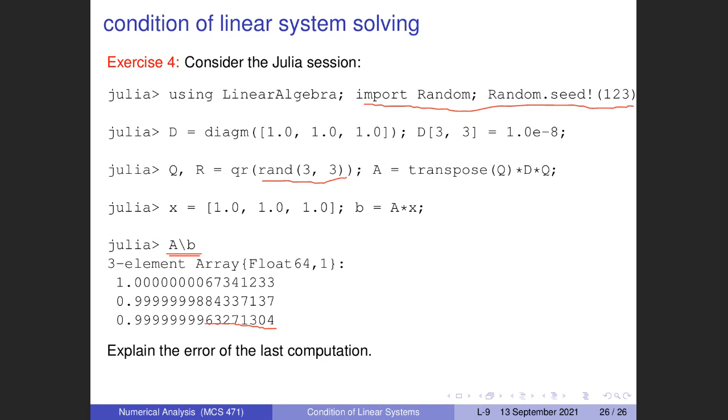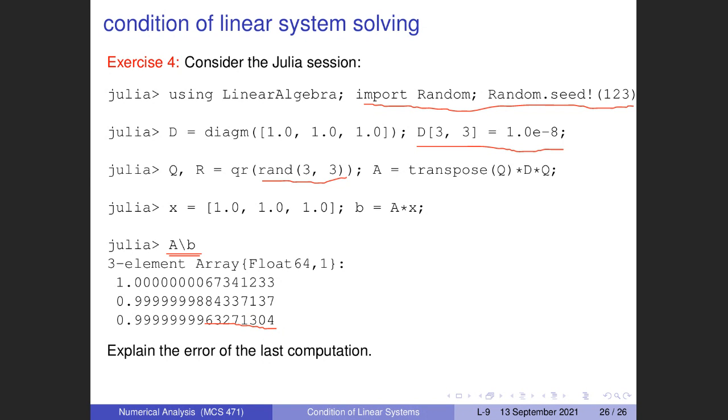So how will you explain the error of the last computation? You will compute the condition number of A, and you can actually explain it also here without computing it, but please, there is the cond command, so you will compute the condition number, and then go back to the reasoning of the first exercise.